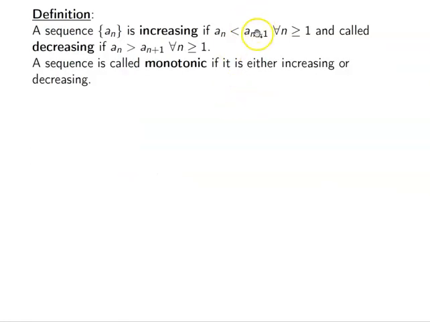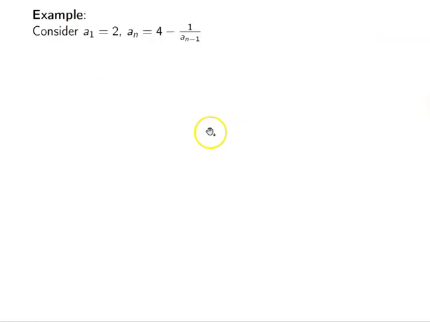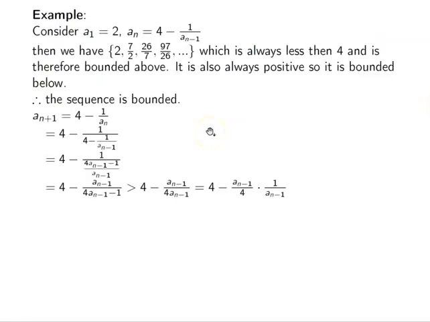What I'm trying to get is that the next term is more than the previous term, or that the next term is always less than the previous term. So if I cancel out this, I will have a n plus 1 is always larger than a constant. And that doesn't help if I'm trying to compare this term by term.